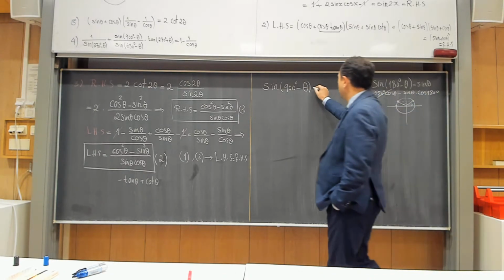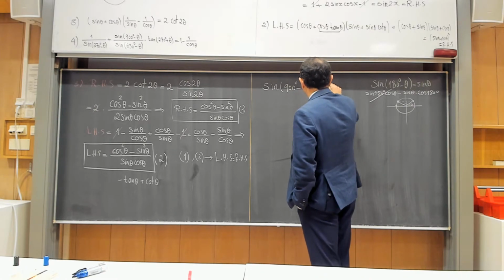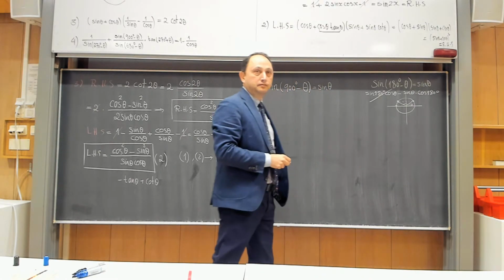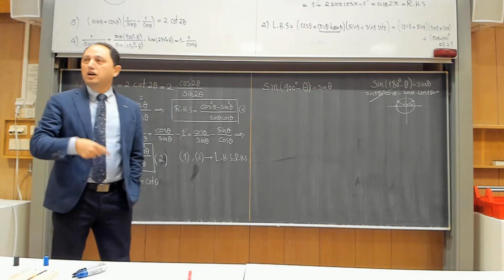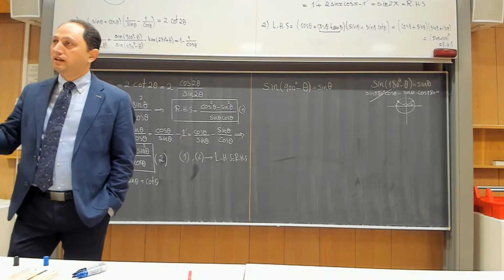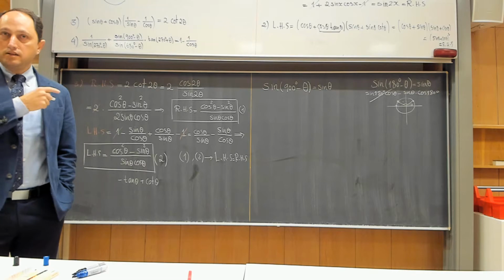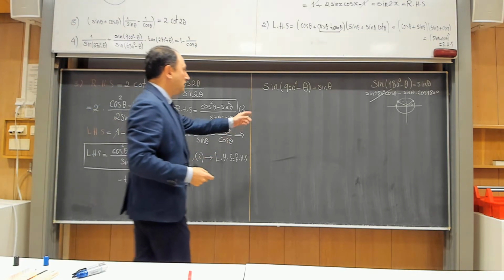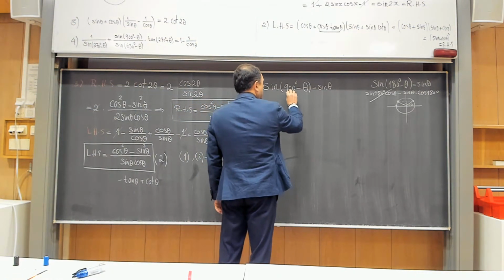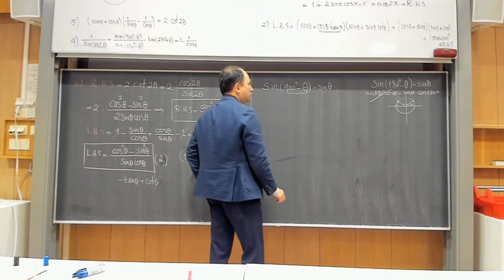And you can do better than that. You can just immediately write this is sine theta. You don't need to write sine of 180 minus theta and then write it is equal to sine theta. Is that understandable? So what I have done, I tried to find the final point for this angle.